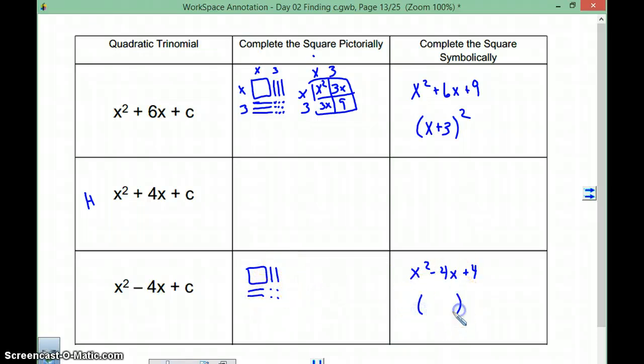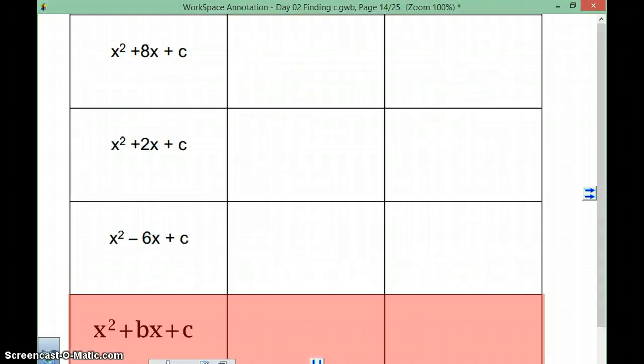And when we factor it, it becomes x minus 2, x minus 2, x minus 2 squared. Okay. I'm going to leave this one for homework.